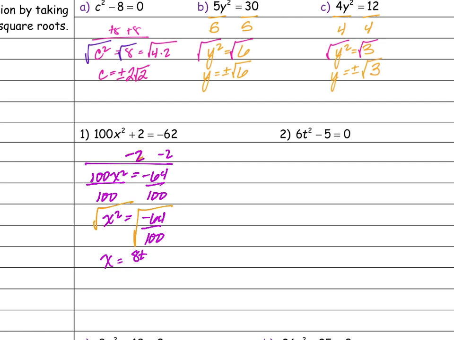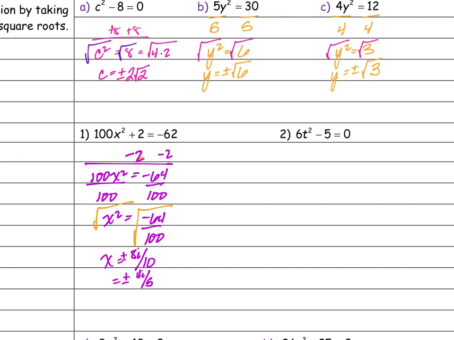That is so not an i. Let me rewrite that. Oh my gosh, why do I keep writing a t? Let's try this one more time. Plus or minus 8i divided by 10. And I can simplify that by dividing by 2, right? Plus or minus 4i divided by 5.